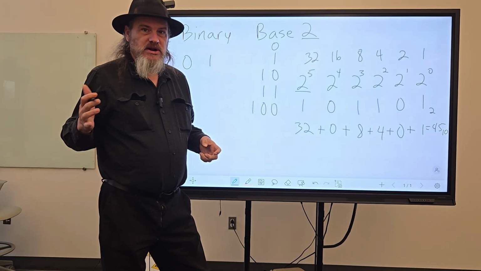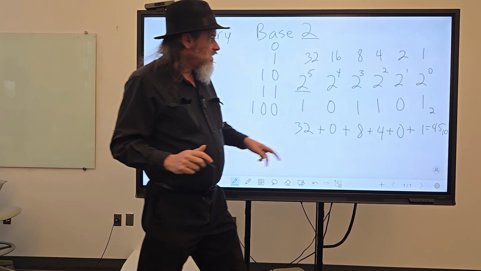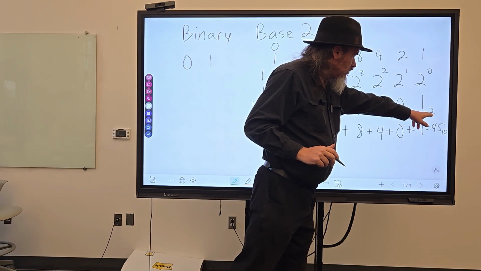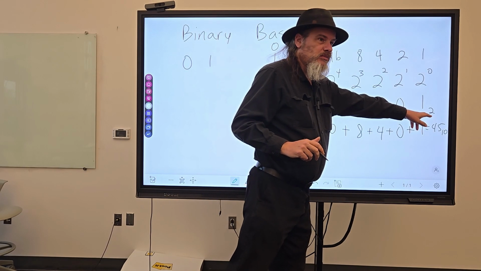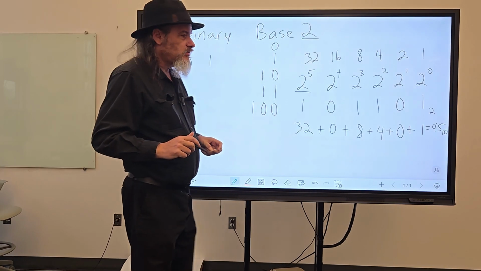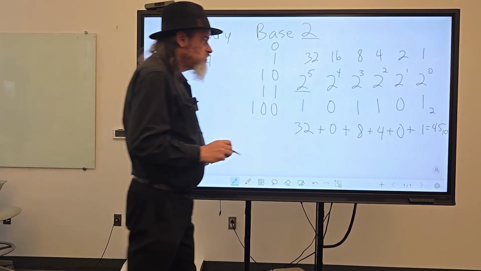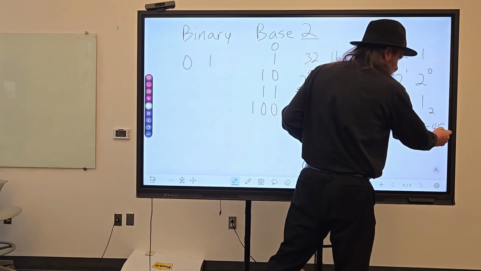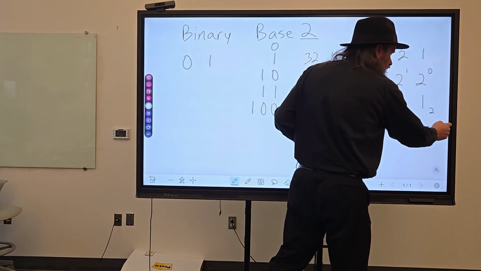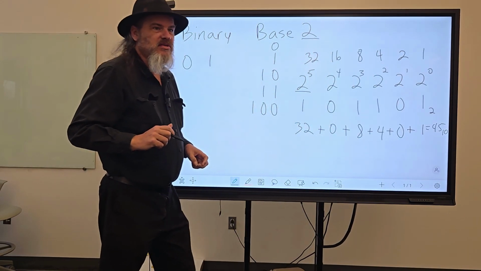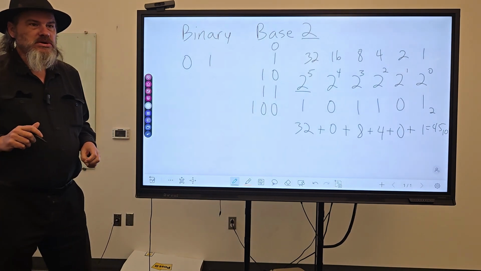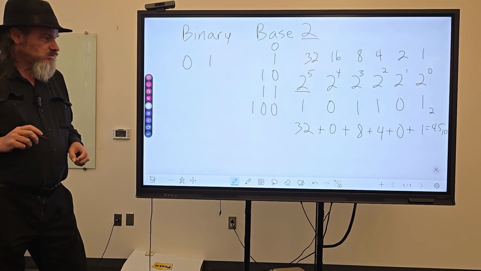To avoid confusion, when you write it out, you put the subscript of 2 for the base. When you write the decimal equivalent, write the 10 in the subscript to indicate that it is base 10.